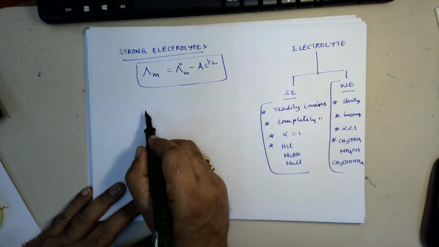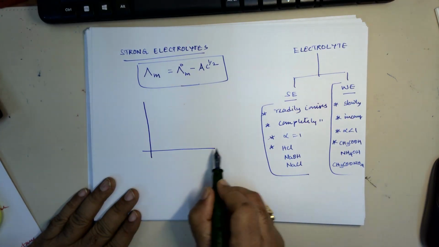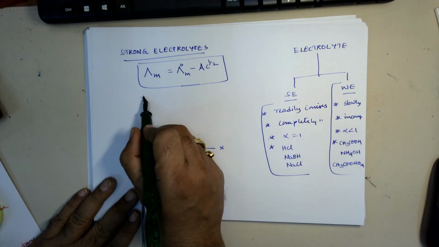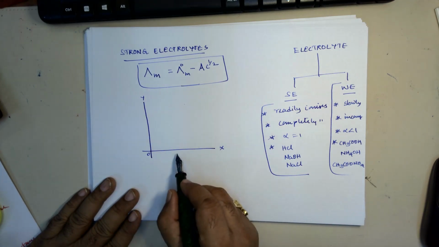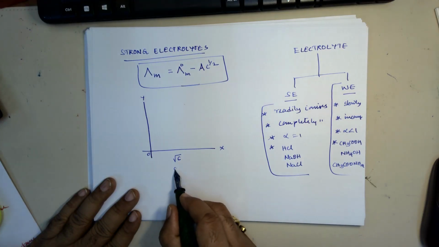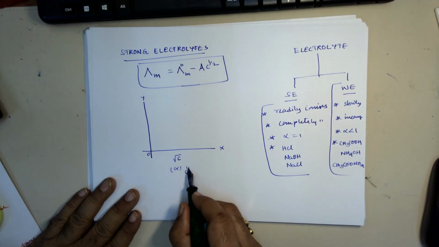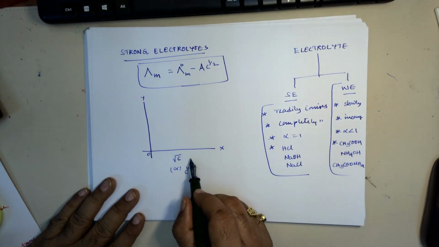For example, let us consider this graph. This is the x-axis, y-axis, origin. On the x-axis, let us consider the square root of C. That is also represented as C power 1 by 2, right? So what is the unit?